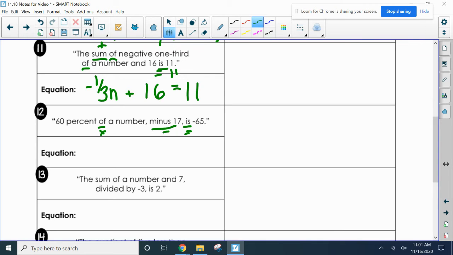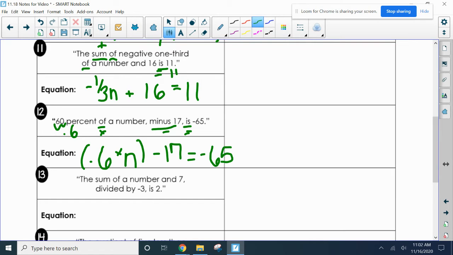So 60%, we know to move the decimal 2 places to the left, so 60% is 0.6. So 60% as a decimal is 0.6 times a number, or 0.6n, because we know a number next to a variable implies multiplication. You can put parentheses there if you want. The answer of that, minus 17, minus being the subtraction, is negative 65.